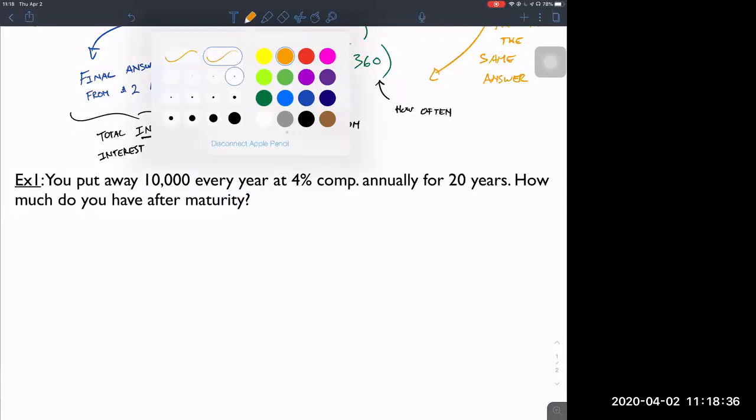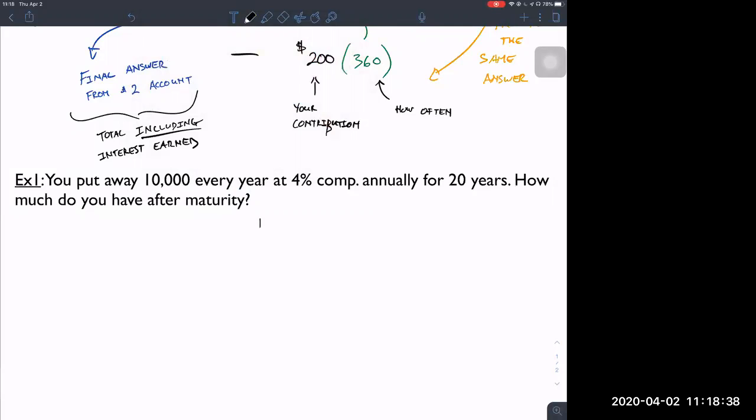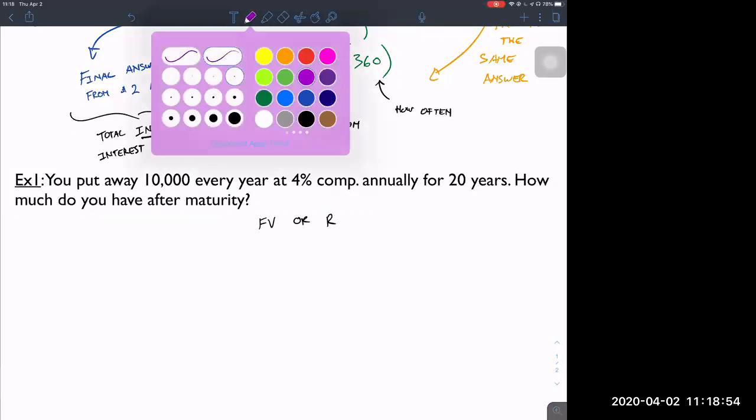I'm already going to tell you it's a future value question, but are you solving for the future value or the recurring payment? The future value, right? Not the recurring payment. It's this guy.